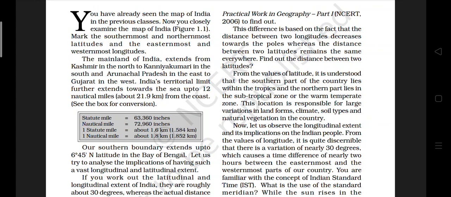The difference is based on the fact that the distance between two longitudes decreases towards the poles, whereas the distance between two latitudes remains the same everywhere. Find out the distance between two latitudes.